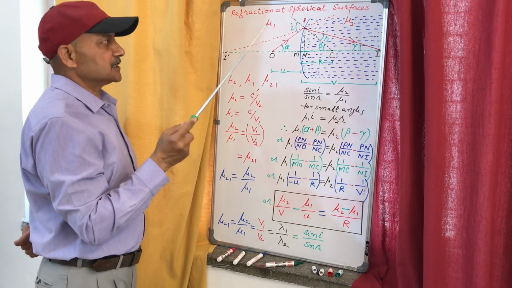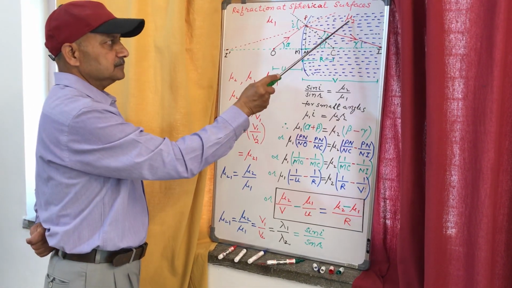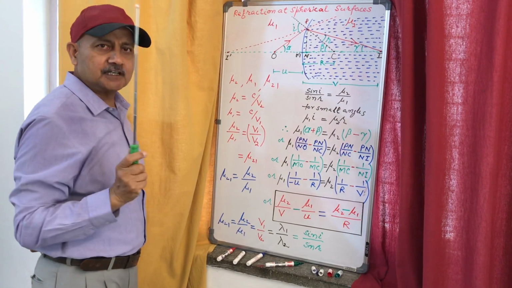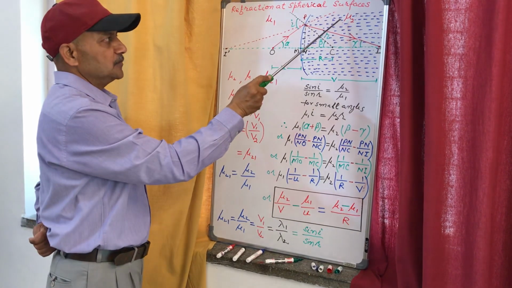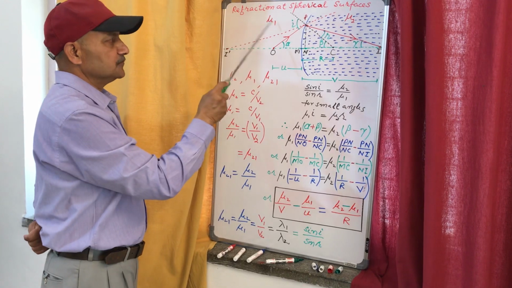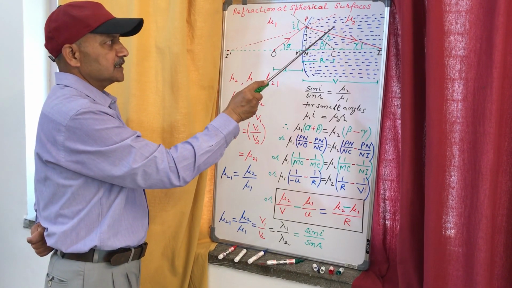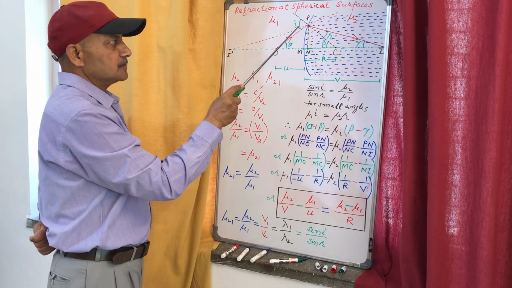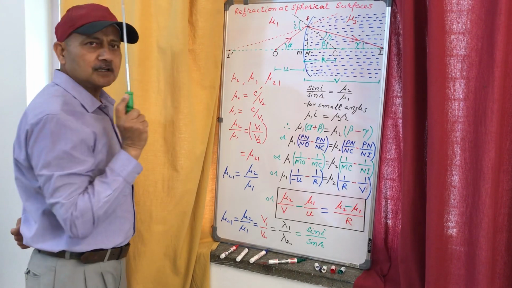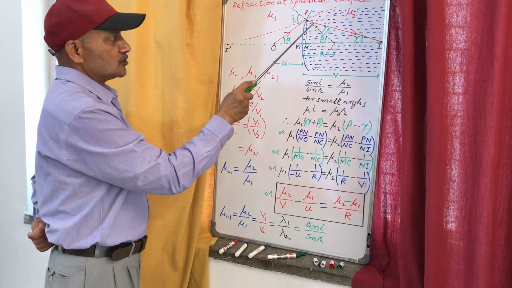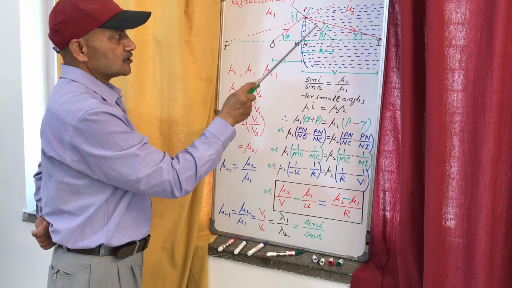For the time being, let us assume that this medium is optically denser than this medium. Optically denser means the mu of this medium is greater than the mu of this medium. As this medium is optically denser, the ray should bend towards the normal. So this ray bends towards the normal because this is the normal.